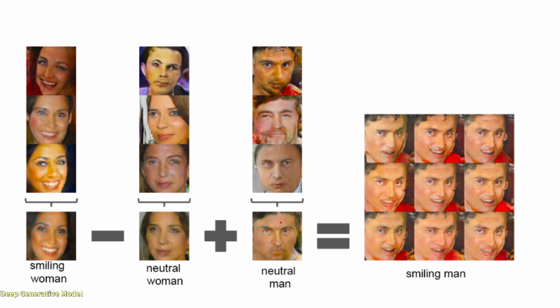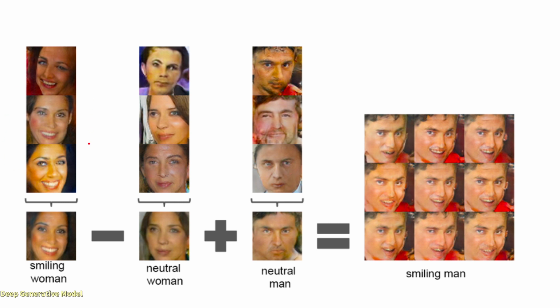So what they did in the DCGAN paper is that you just generate a bunch of images and pick the smiling women from them. If you generate 1,000 images, you might get 50 or so smiling women, maybe another 100 neutral women, and maybe 100 neutral men.